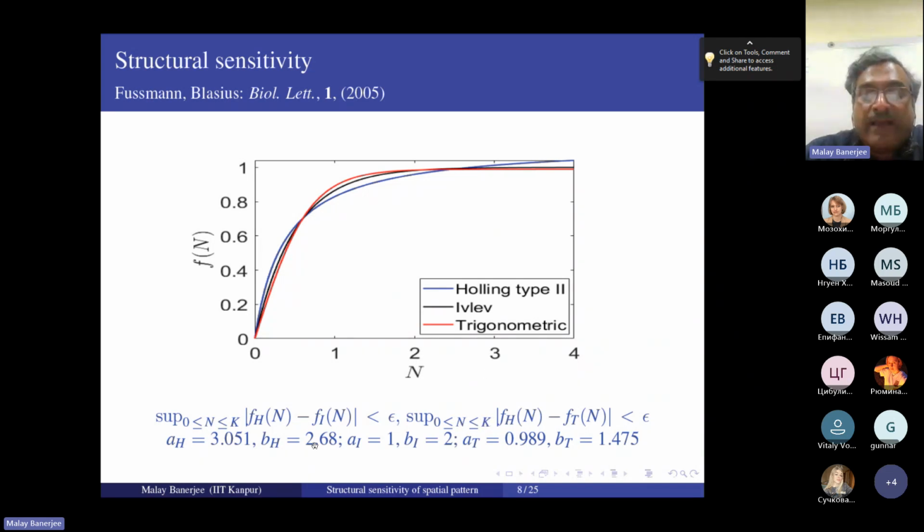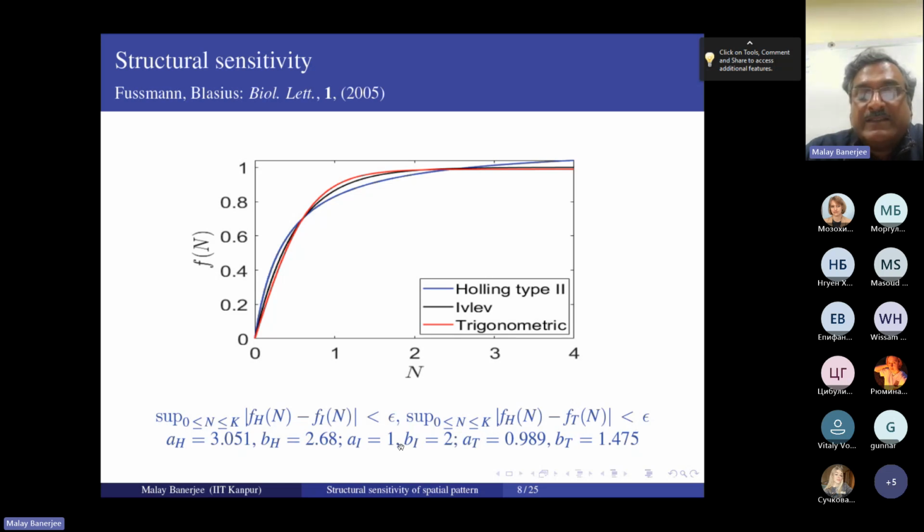So therefore we have estimated this AI, BI as well as AT and BT such that the supremum of the modulus of fH minus fI, and of fH minus fT, over 0 to k, should be less than epsilon, with epsilon equal to, if I recall correctly, 0.02.